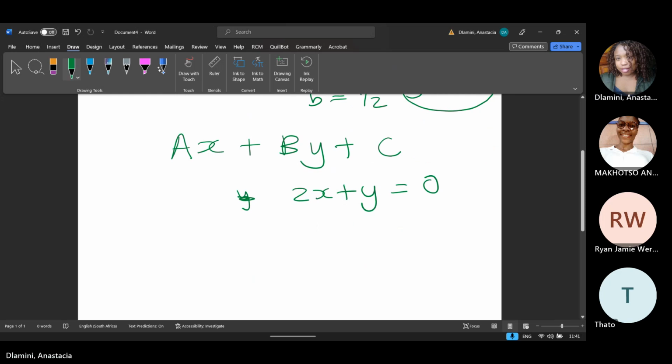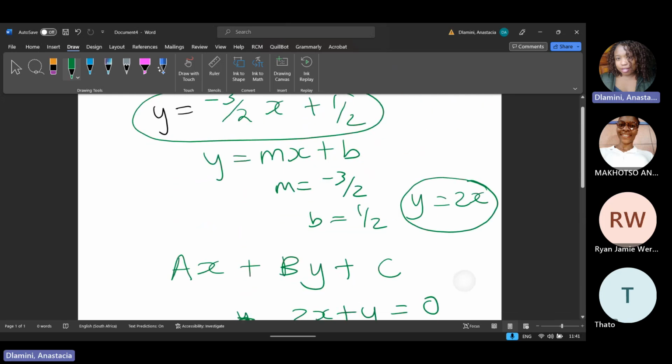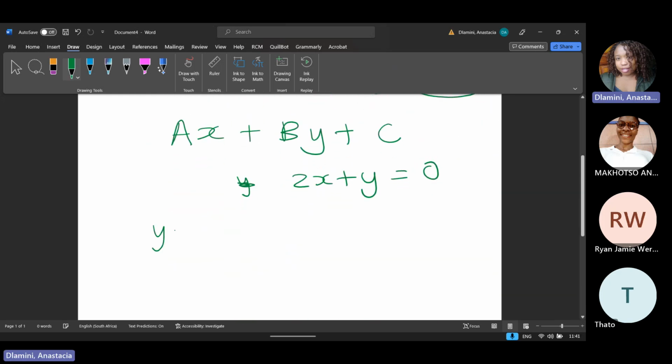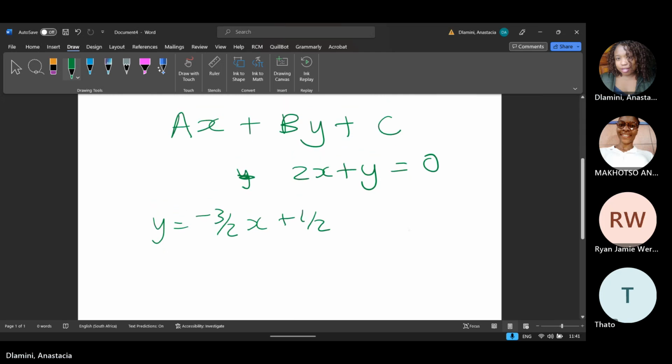So let's represent what we have in a general equation of a line. We have y equals minus 3 over 2 x plus 1 over 2, right? So if we write it in this manner, minus 3 over 2 x plus y plus 1 over 2.